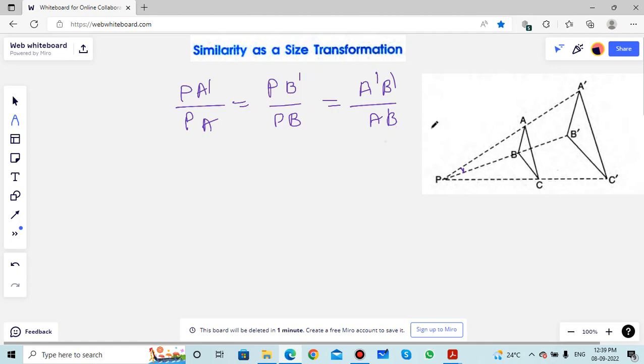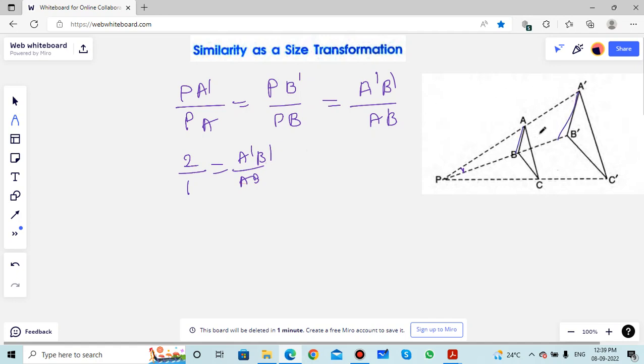So what do we find? That these are proportional. What is PA dash upon PA? This is 2 and this is 1. So A dash B dash upon AB will also be 2 is to 1, meaning this is double of this one.